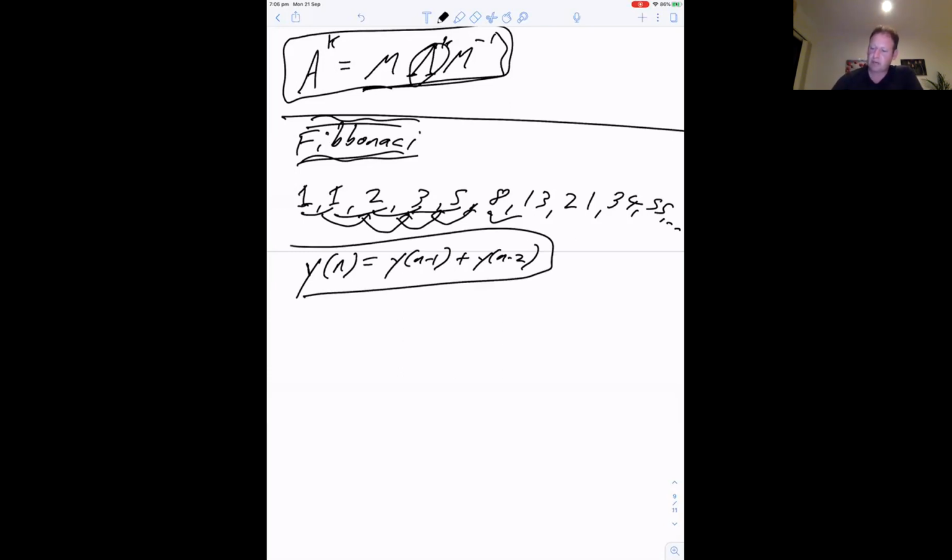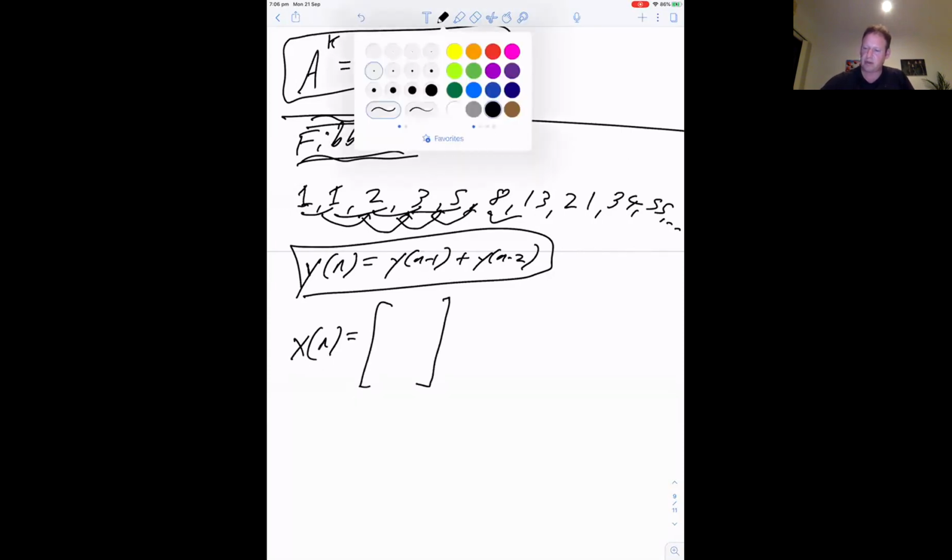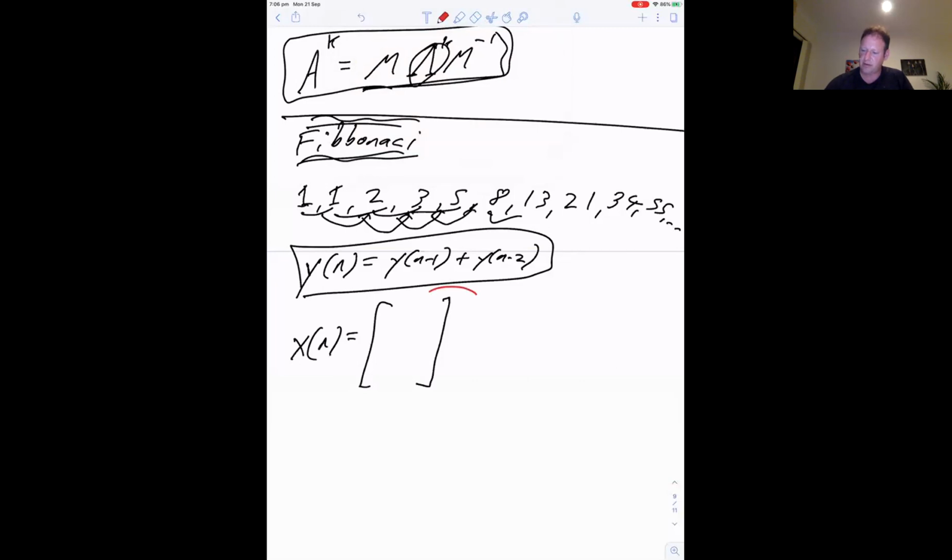And fine, okay, we can do that. But what we can also do is represent a vector xn, where the first coordinate is going to be yn, and here it's going to be yn minus 1.